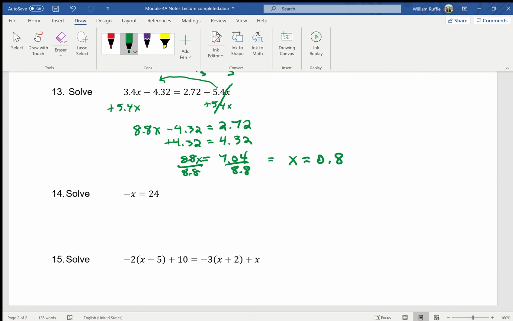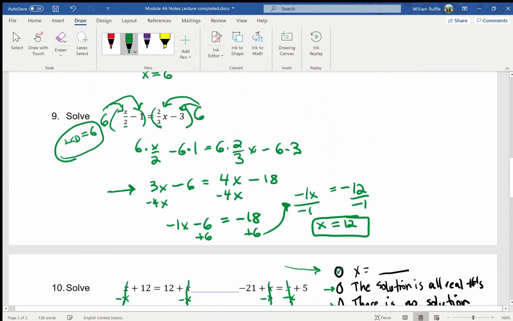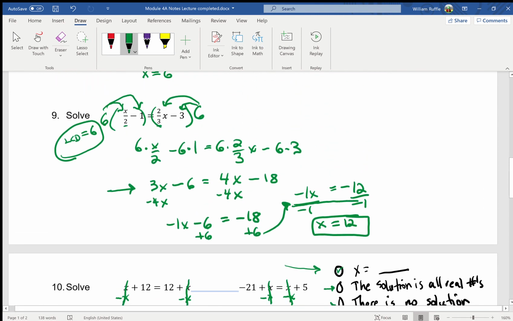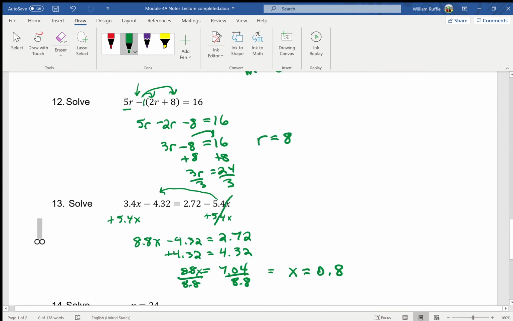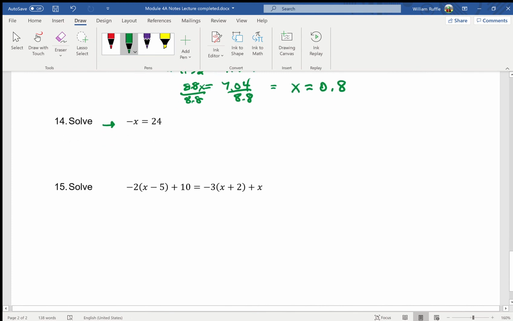Now, I kind of did this one, negative x equals 24, a little bit ago, but I wrote it a little bit differently. I'm going to sneak back up there for a second. It's right here. I have negative x equals 24. Now, it's negative 1x, but in this question down here, they don't write the 1, do they? They just have the negative x.